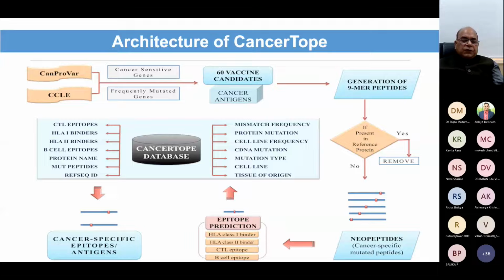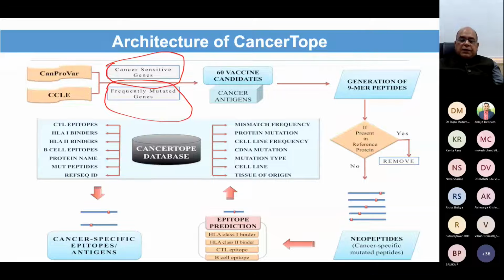Propose the study. What we did actually, from the different databases, we found the cancer sensitive genes where the mutation is very important, because in some genes, if you mutate or not mutate, they will not convert into cancer. But some genes, if you make a single mutation, they may become cancer.